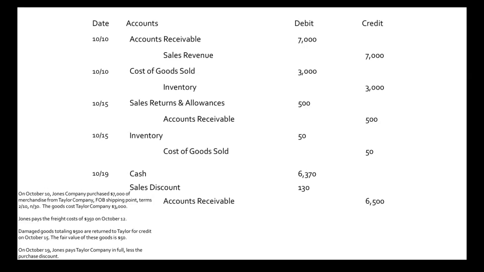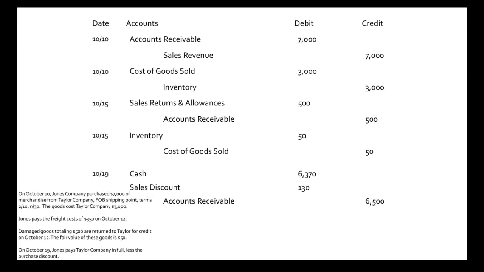Now, when you're working through this problem and doing all these journal entries, for this last entry, what I would recommend is first starting with accounts receivable, right? Start with the piece of the total amount that they owe. And we get that $6,500 because initially it was $7,000 and then they returned $500 worth, right? So $7,000 minus $500 gets us that $6,500.